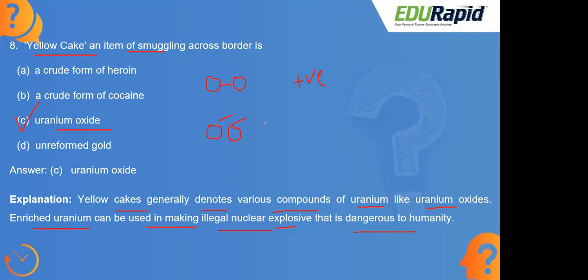The nuclear chain reaction will go on continuously and finally explode violently. Is that clear? Usually in bombs, or in the sun, solar energy, this is what we will observe. It is dangerous to humanity, and not only humanity, but all the animals, plant life, everywhere else.